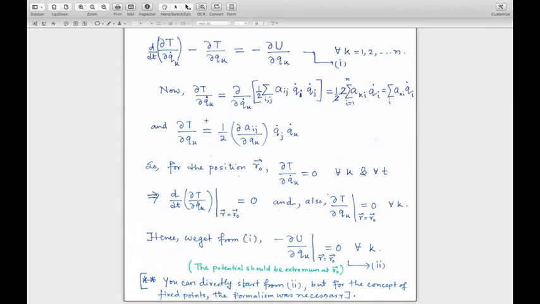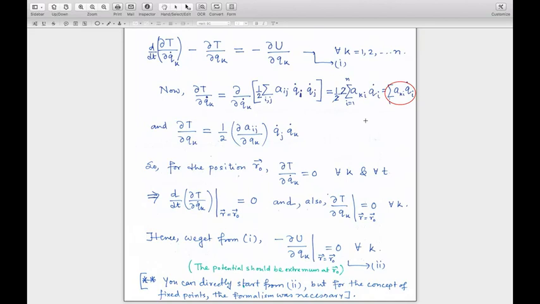So basically if you do d/dt of ∂T/∂q̇_k, this will give two terms. One term will include q̇_i at r equal to r0, which will vanish. Another term will involve q̈_i, and this is also 0 because the velocity does not change.